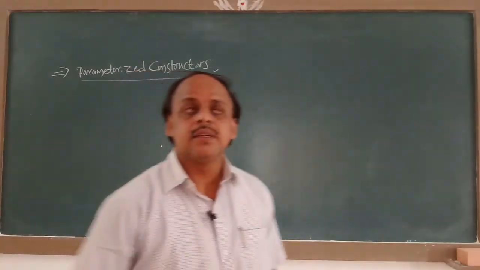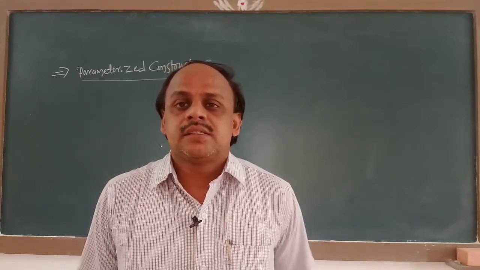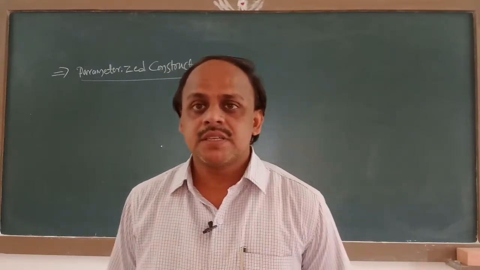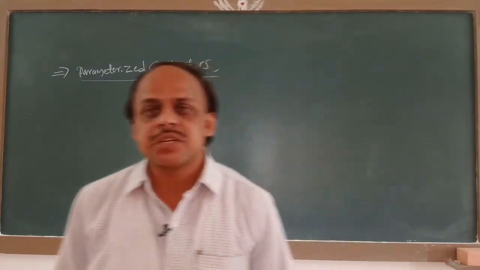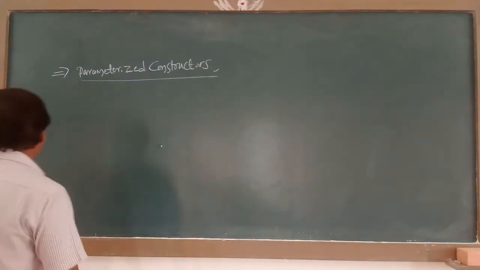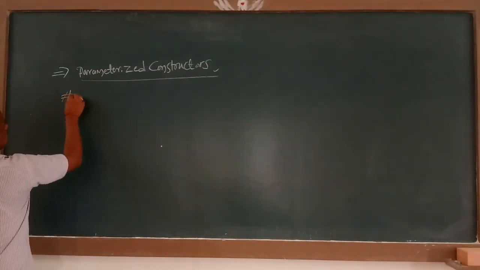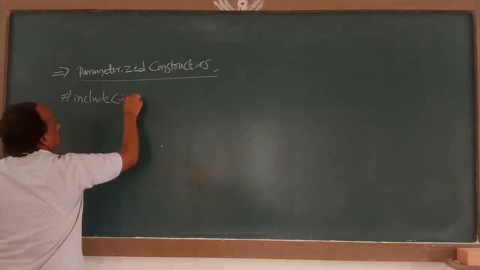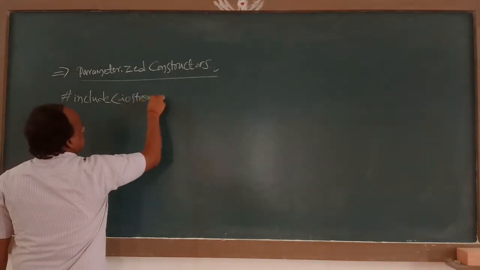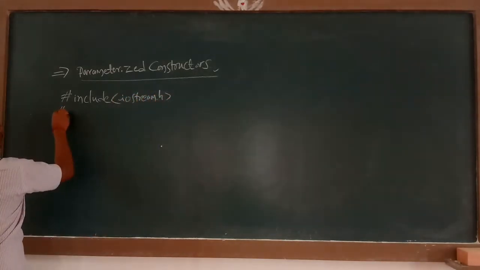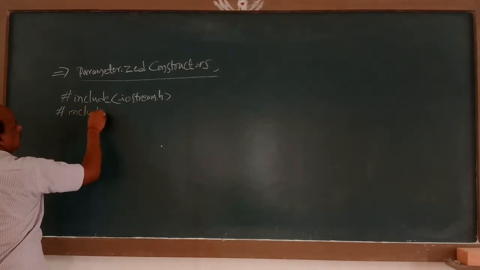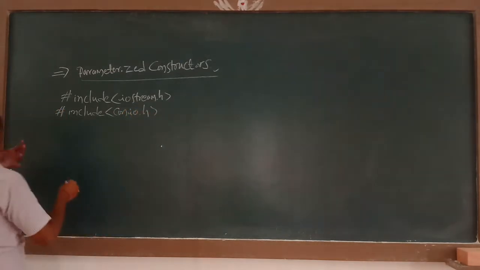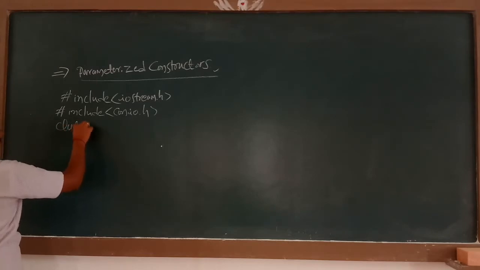Now I am going to write a C++ program to find the sum of natural numbers using the parameterized constructor concept. See here, #include iostream.h, #include conio.h, then class.